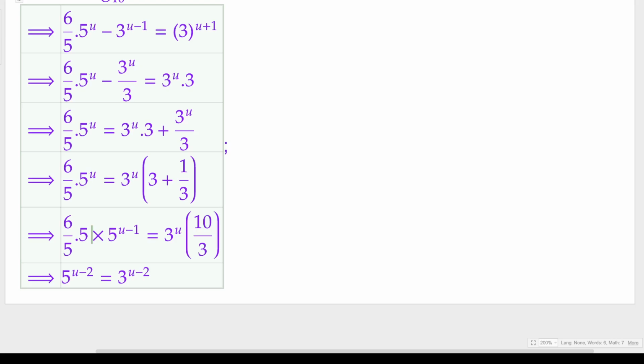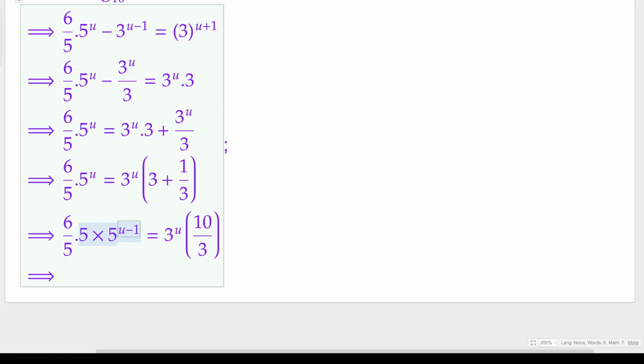Actually here if I observe, this is not the right procedure. So what I will do, I'll take this 3 power u and 5 power u together, right, and then try to resolve this part.